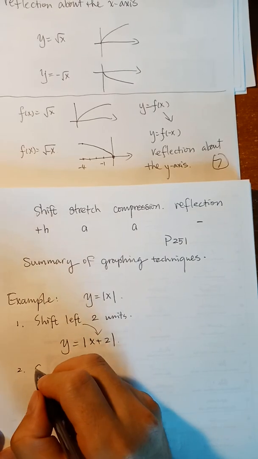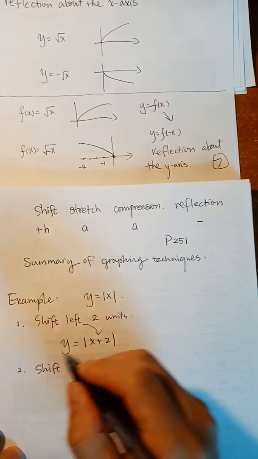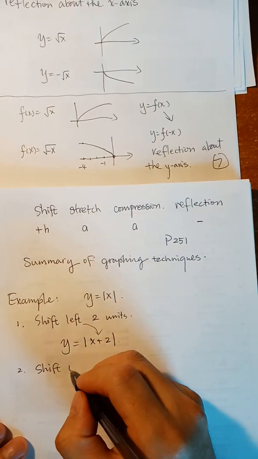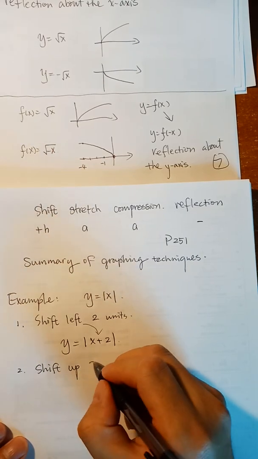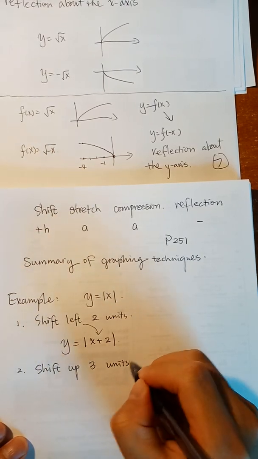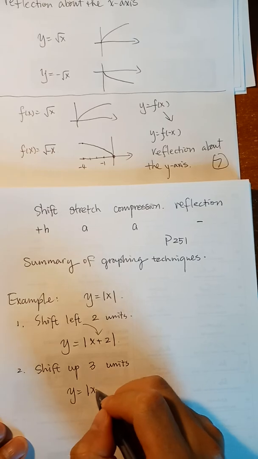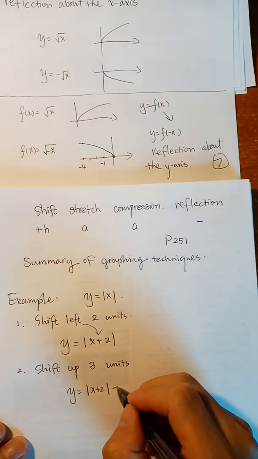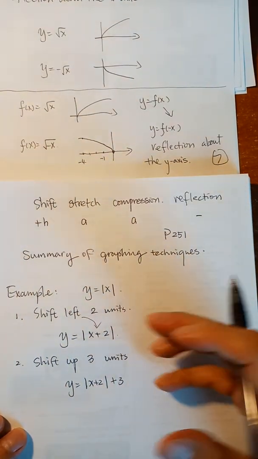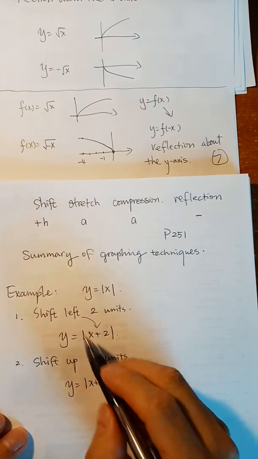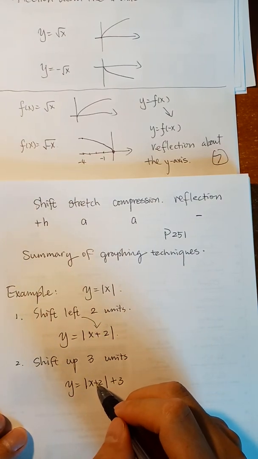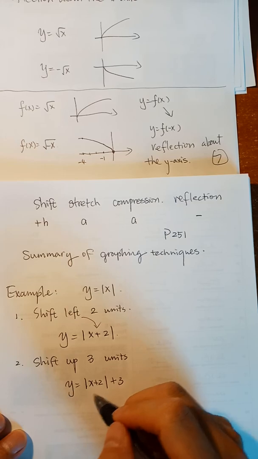And second, after you shift left 2 units, shift up 3 units. Okay, so you have this function. Shift up plus 3. Plus 3 at the end. Left to right, just directly plus or minus a number to x.